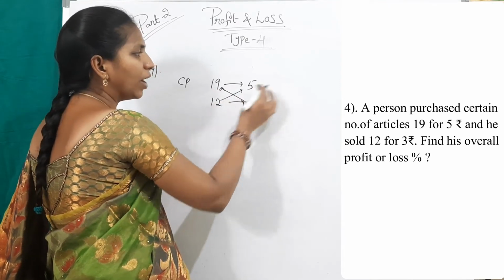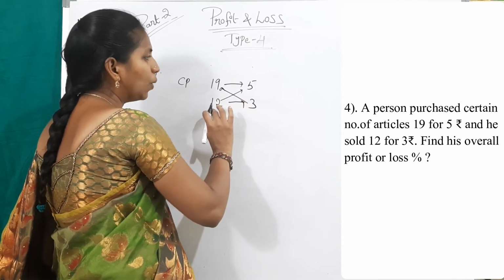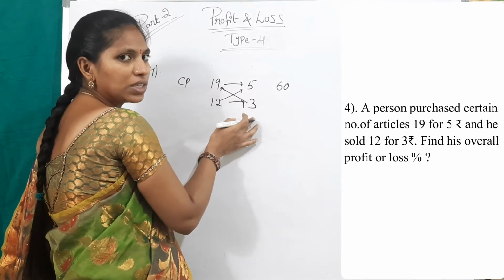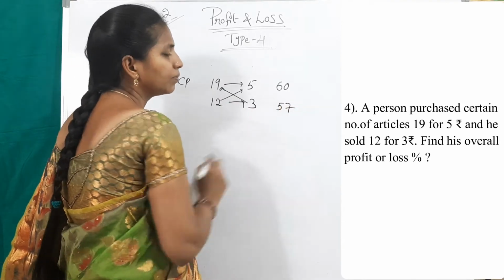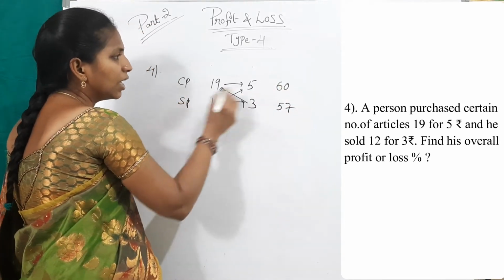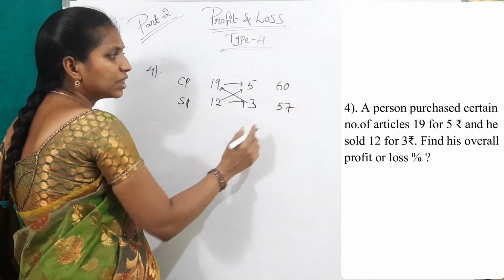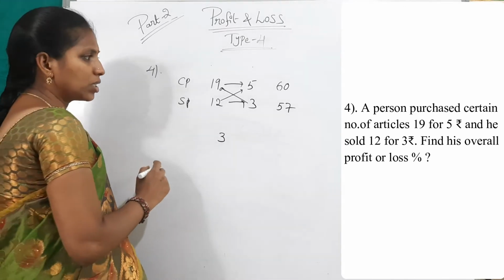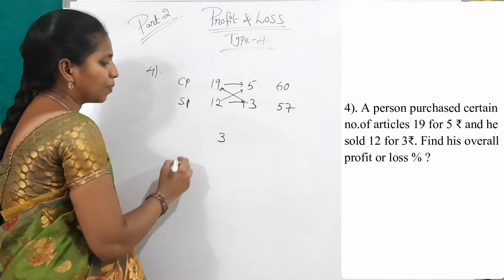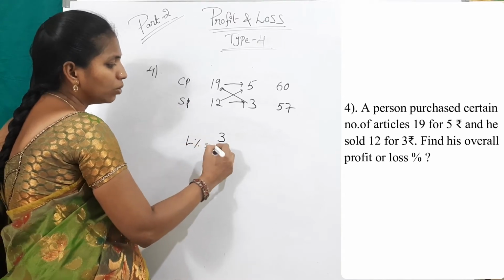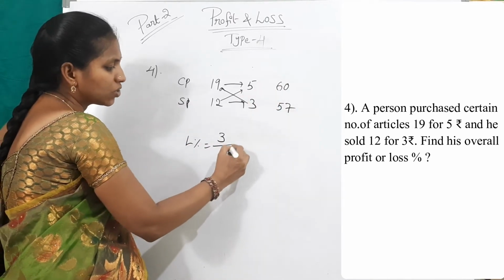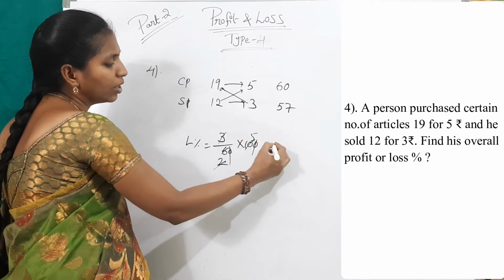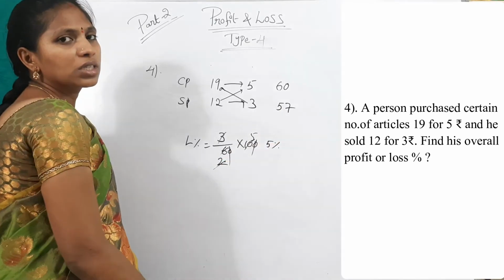Then 12 into 5 is 60. And 19 into 3 is 57. This is CP and this is SP. The difference is 3. Profit or loss? Loss, because the selling price is less than cost price. So loss percentage equals loss by cost price, 3 by 60 into 100. Then 0, 0 cancel, and 2 times cancel and 5. So 5% loss is the result.